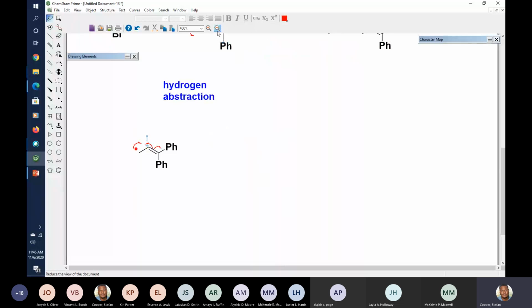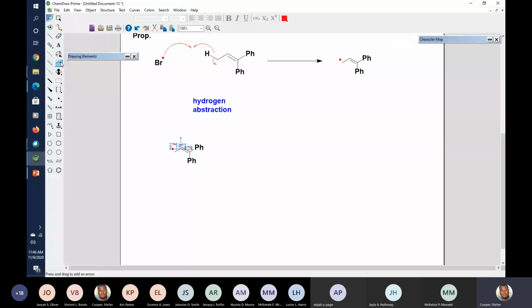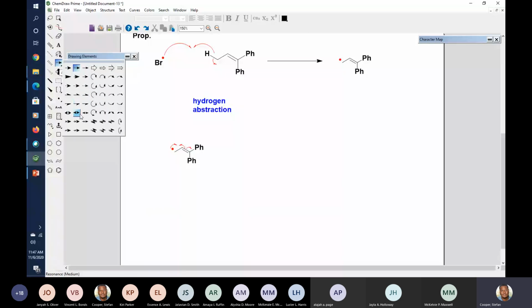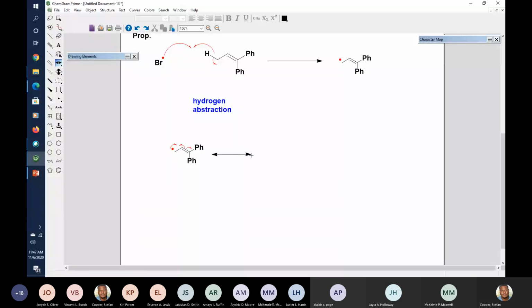All right, so this step here is describing the allylic shift. Use the wrong arrow here. Sorry, this is a resonance step. So through resonance, and that's that 1-2-3 system again. So atom 1 had the radical.